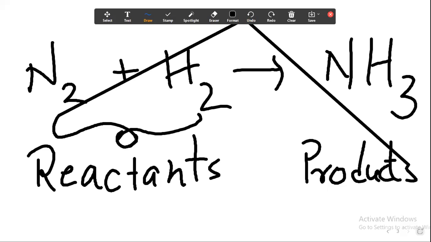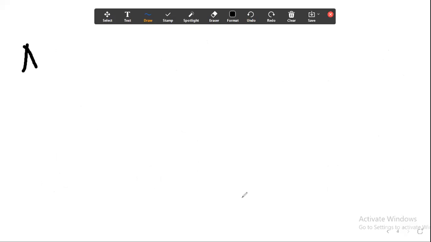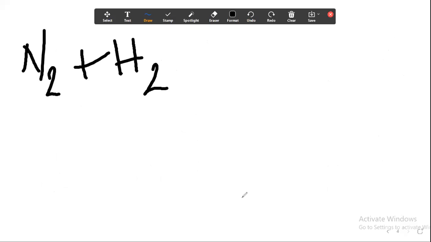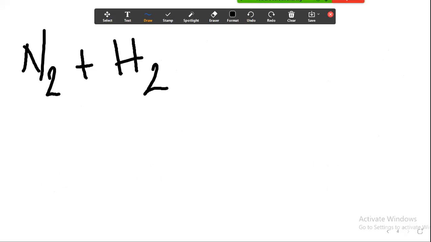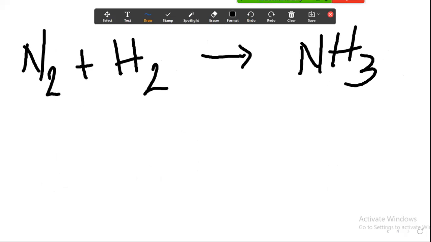So when we balance this reaction: nitrogen plus hydrogen gives you ammonia, right? Now we have to balance the equation.